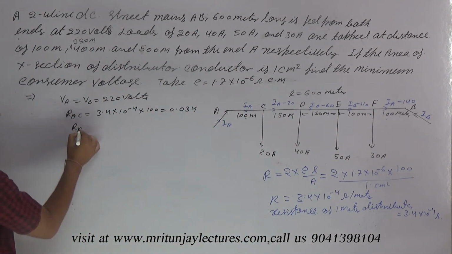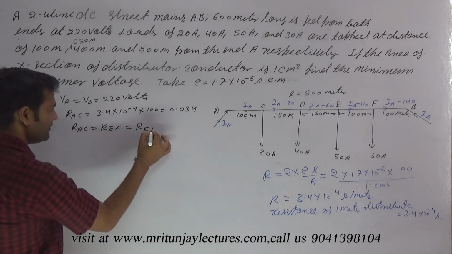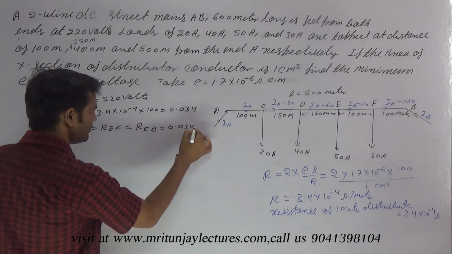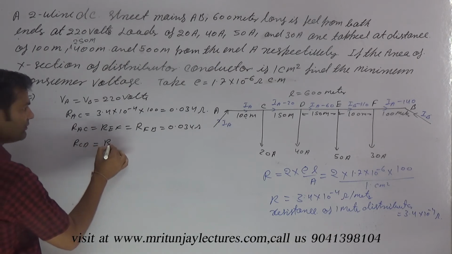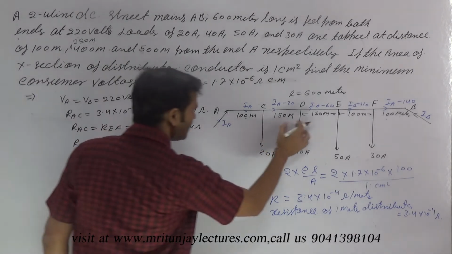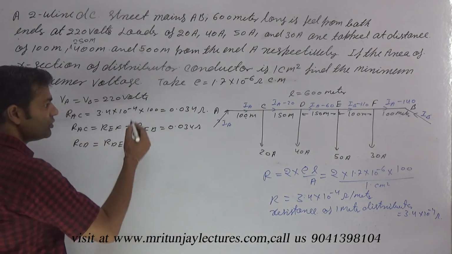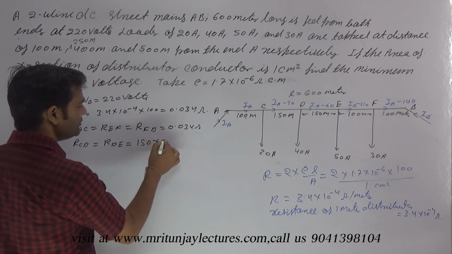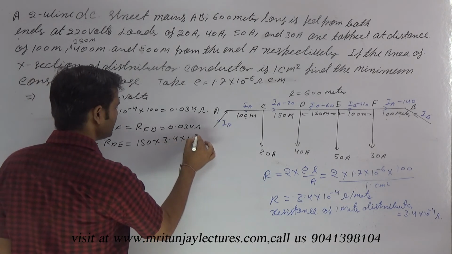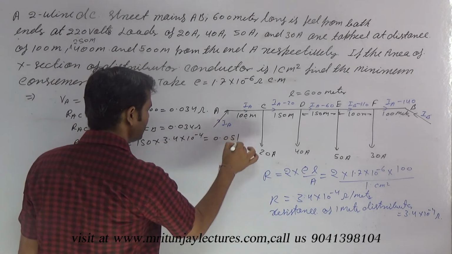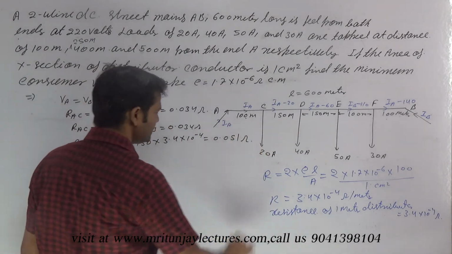R of AC, R of EF and R of FB are each 0.034 ohm. Next, R of CD and R of DE are both the same distance, and the per meter resistance is the same, that's why 150 into 3.4 into 10 to the power minus 4 is 0.051 ohm.